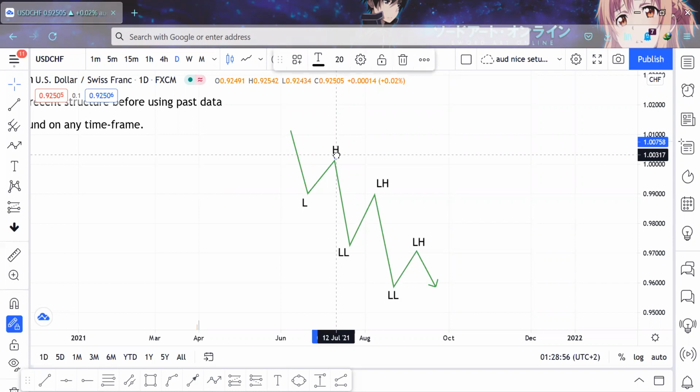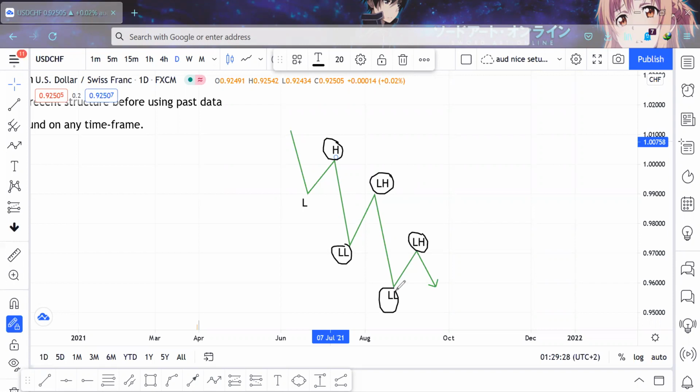which is your lower highs as the market is moving to the downside and your lower lows as the market is moving to the downside, right? Being able to identify your lower highs and lower lows is basically the first step for you to be able to identify your market structure.